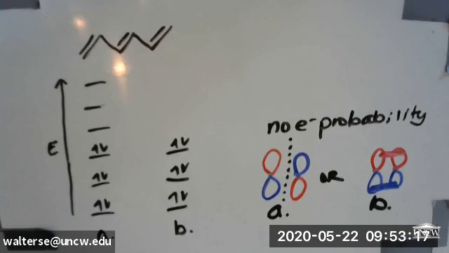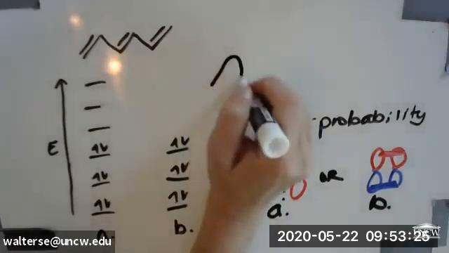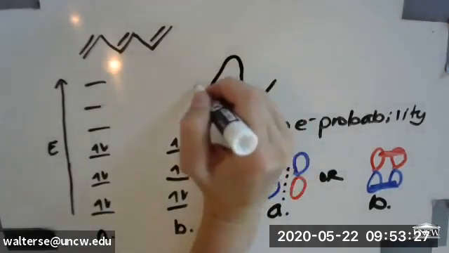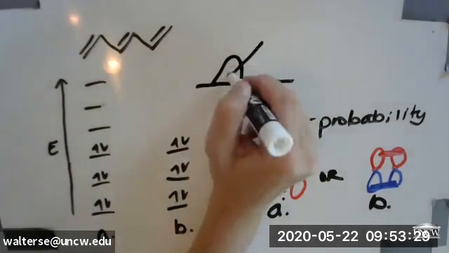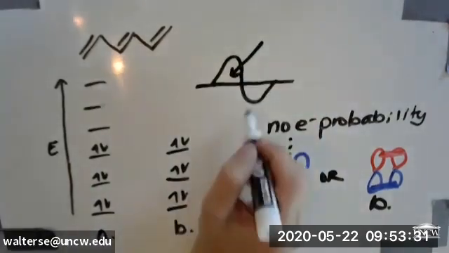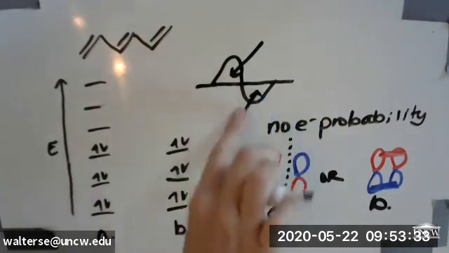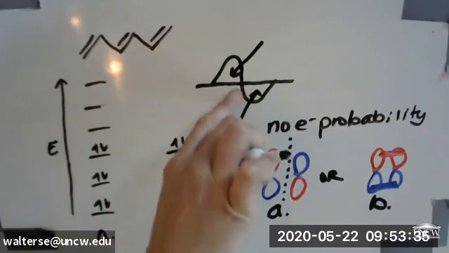But there are cases where you have to consider that the electrons are waves. So when you have a wave like on the water, the wave exists here, the wave exists here, but it doesn't exist at the crossover point.